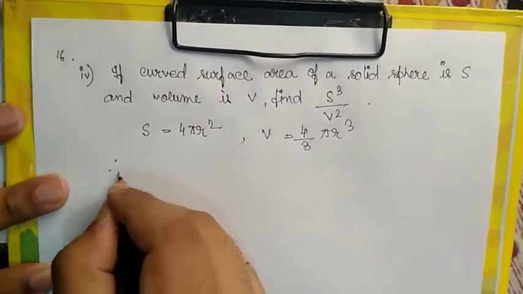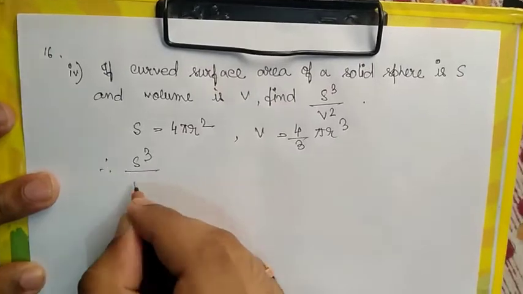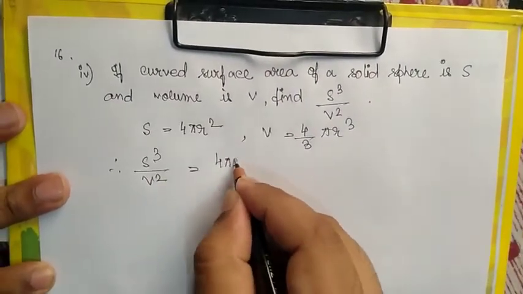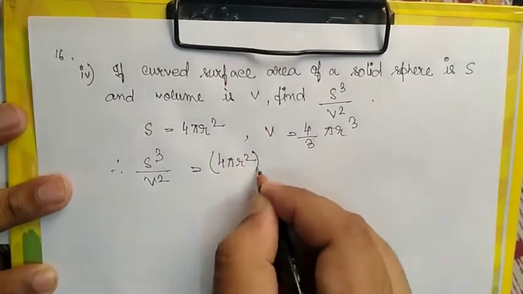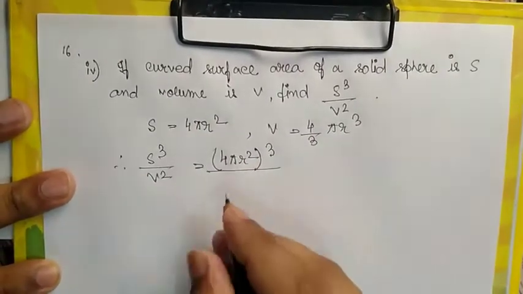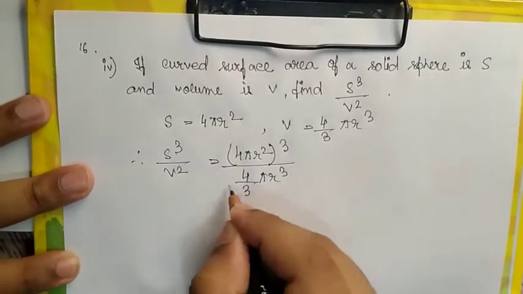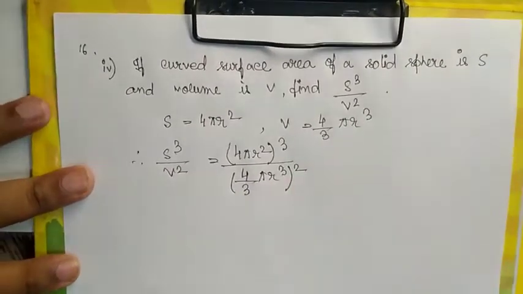So therefore S cube by V square equal to (4 pi r square) cube by (4 by 3 pi r cube) square.